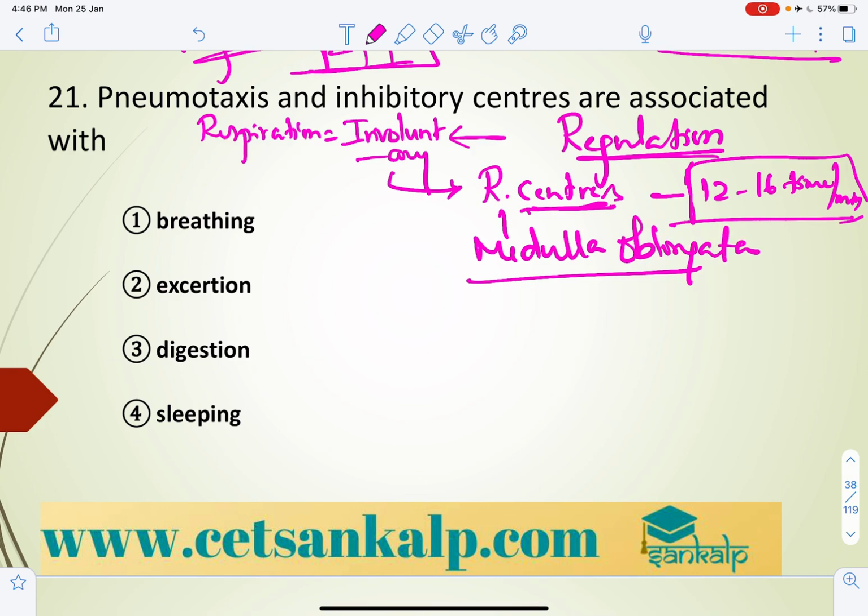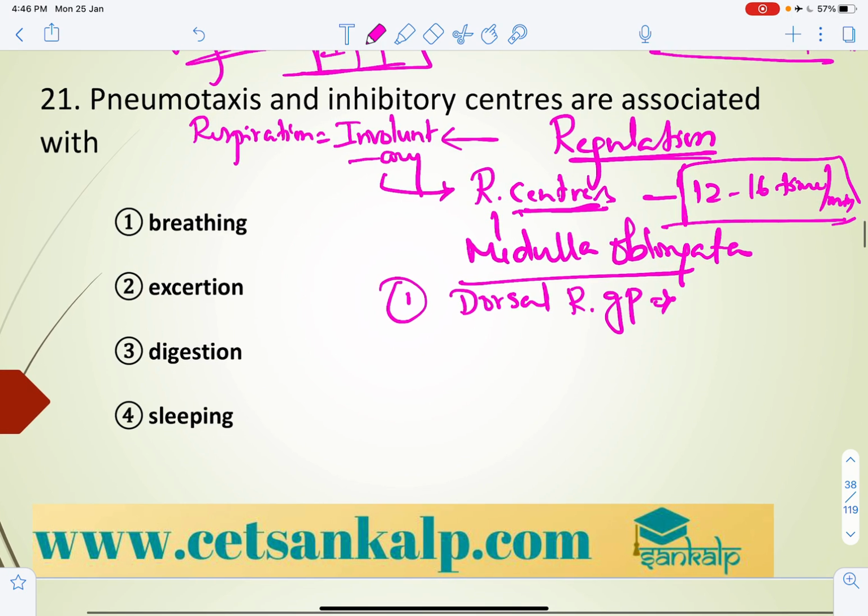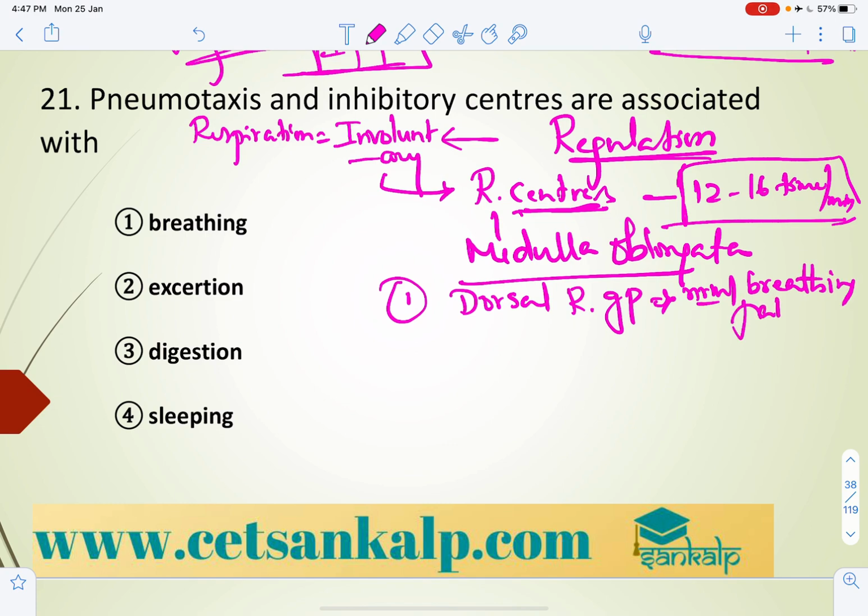Medulla oblongata. Of the three groups present here, one is the dorsal respiratory center, or dorsal respiratory group, which controls breathing, both inspiration and expiration. Generally it maintains the normal breathing pattern. So the normal breathing pattern is maintained by the dorsal respiratory group.